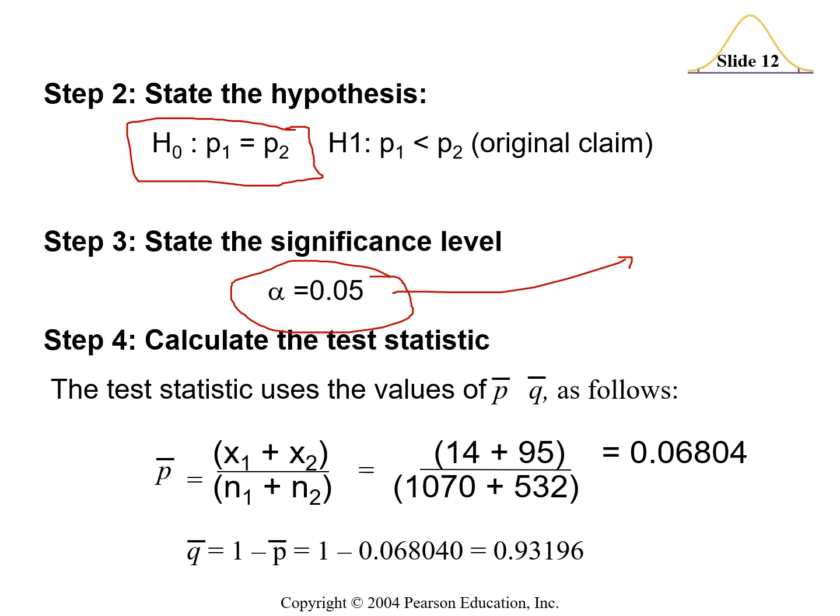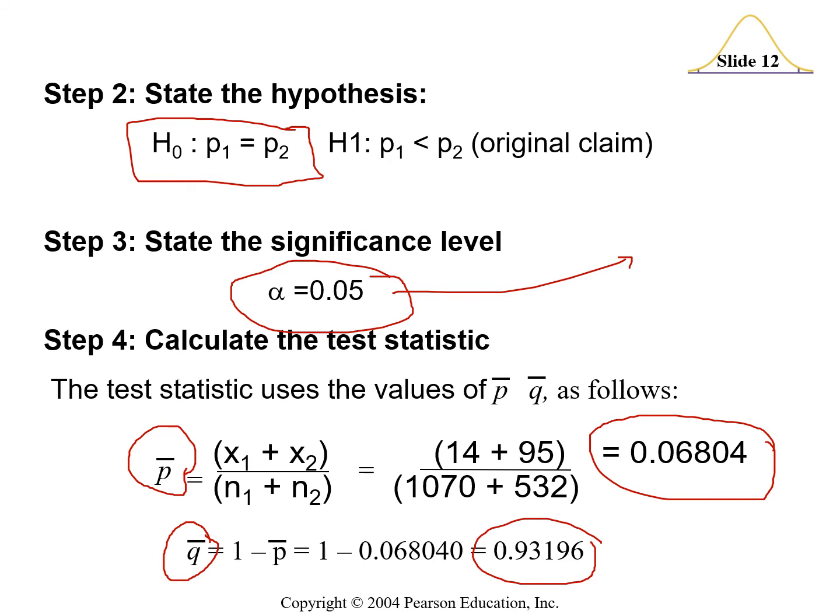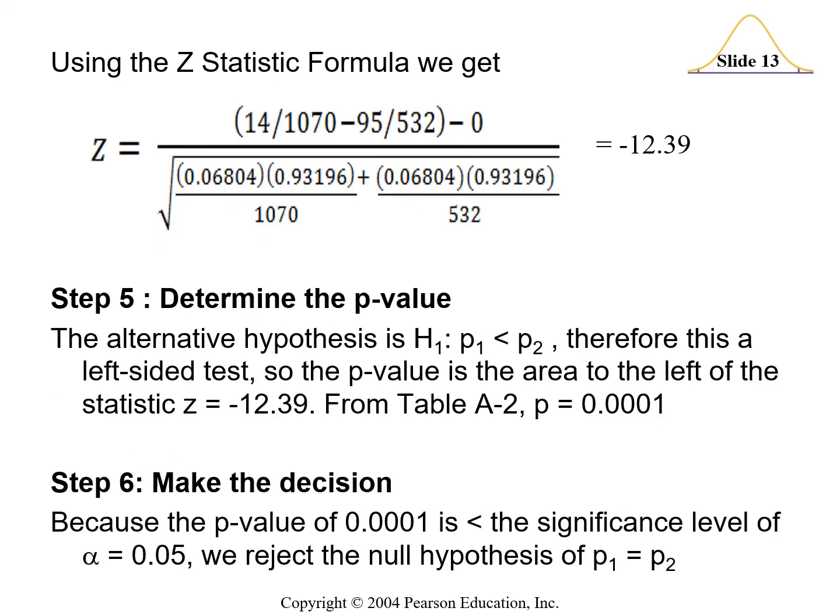Step 4, calculate the test statistic, and start with the pooled proportion, which is x1 plus x2 divided by n1 plus n2. The answer is 0.068. Hence, q bar, the complement, is 1 minus p bar, it is 0.93196. Next, use the formula to find the test statistic, which is p hat 1 minus p hat 2.